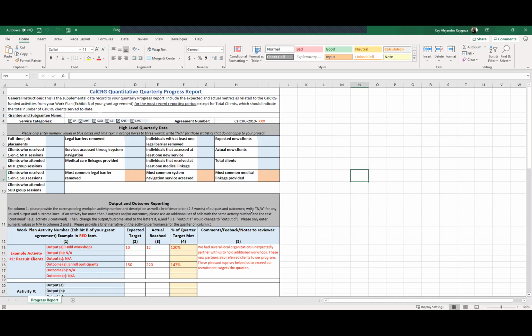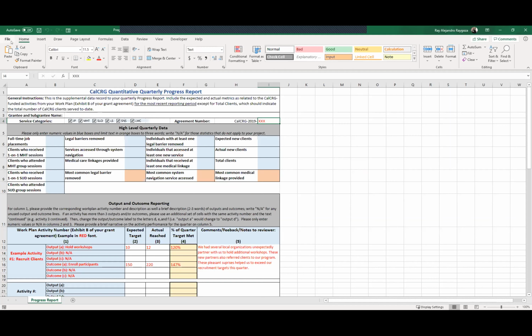It's very similar to how you were filling out the other one. So first, fill out this portion, the general information section. You can pull this information from the Word document portion that was pre-populated if it has not been pre-populated by the grant manager. You can pull that information from there.